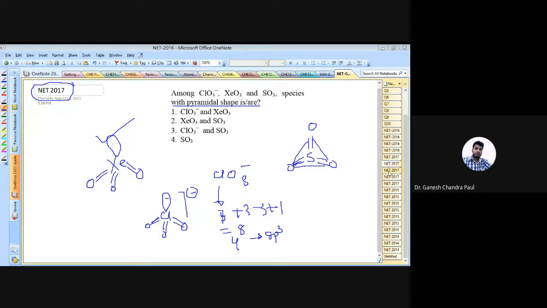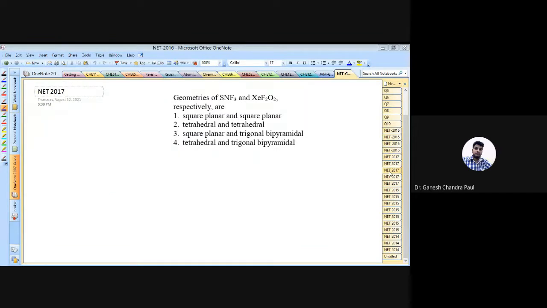Coming to the next question. Find out the geometries of SNF3 and XeF2O2.